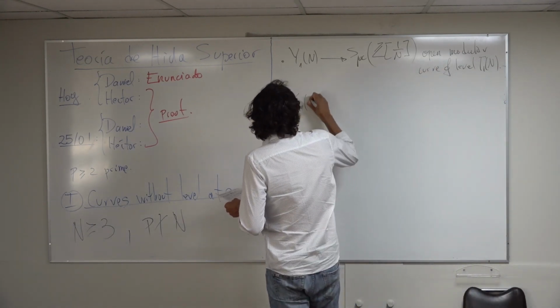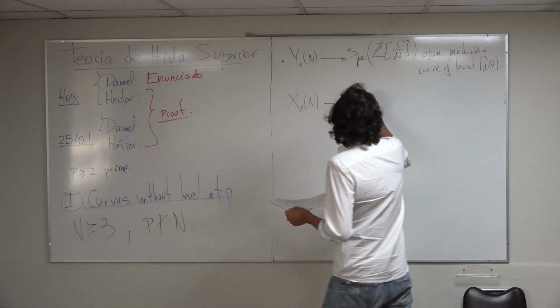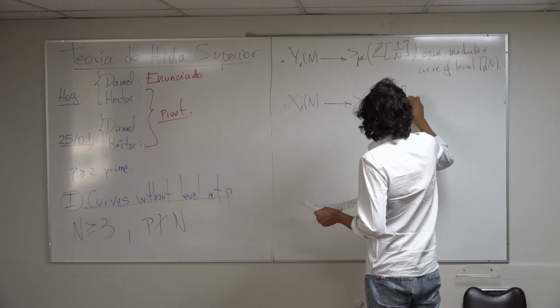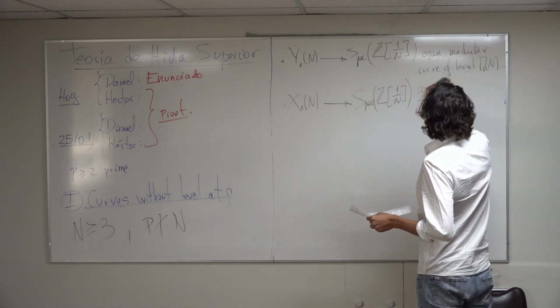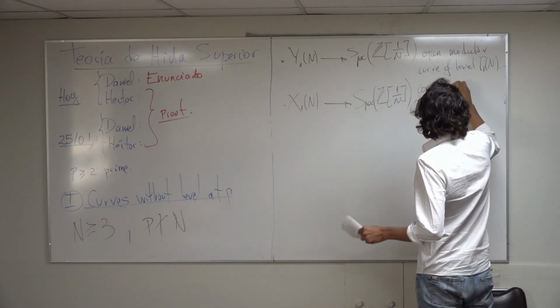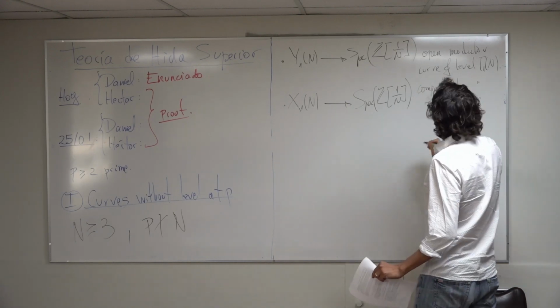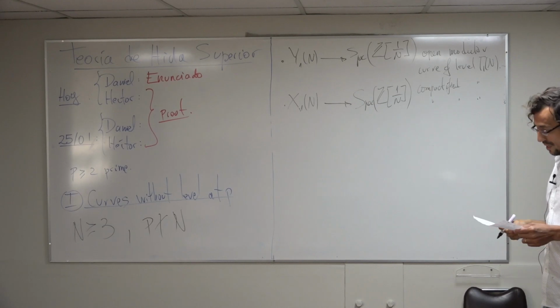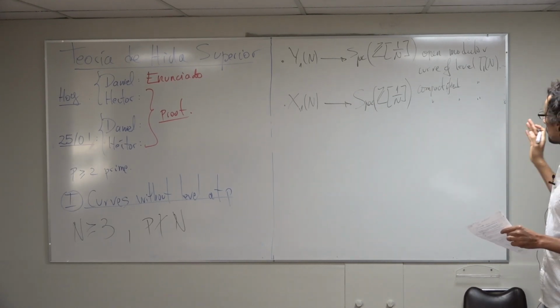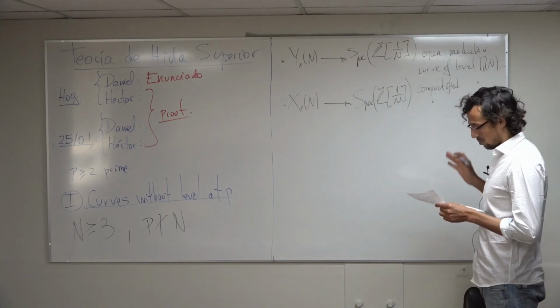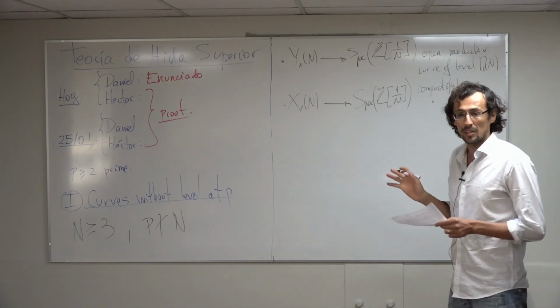With some extra work, you produce this new object, the compactified modular curve of level Γ1(N). It is still a scheme over the spectrum of Z, and you need to invert N to get some nice properties that I will state now.